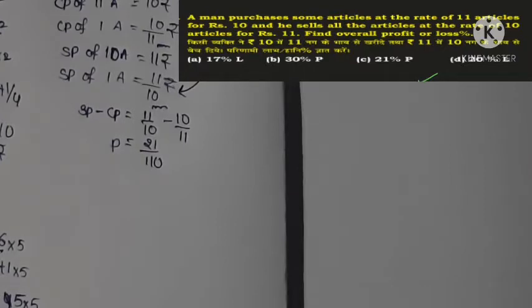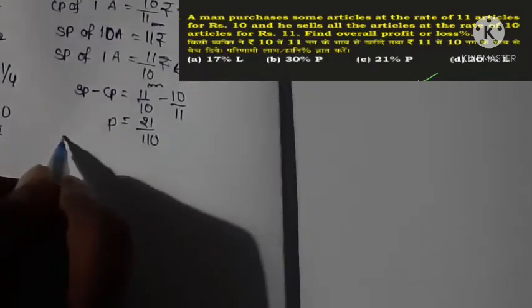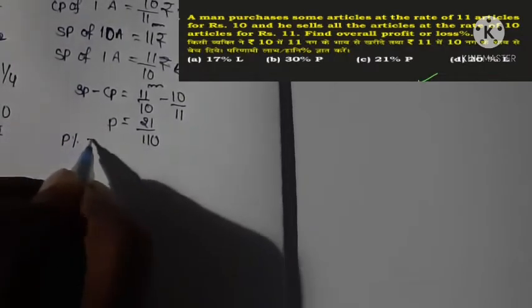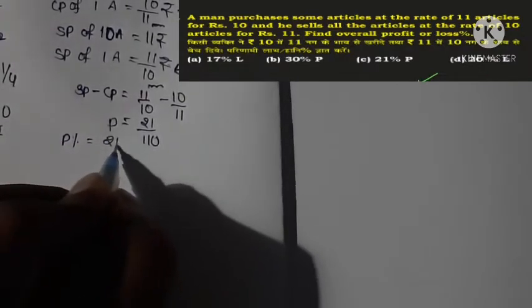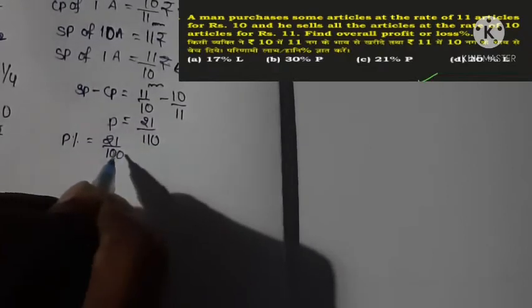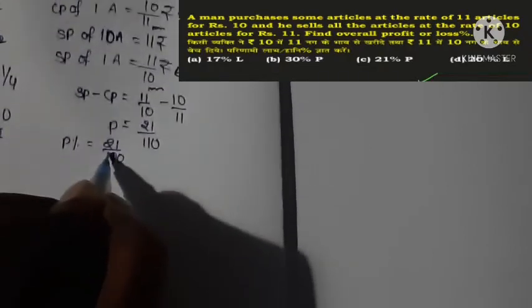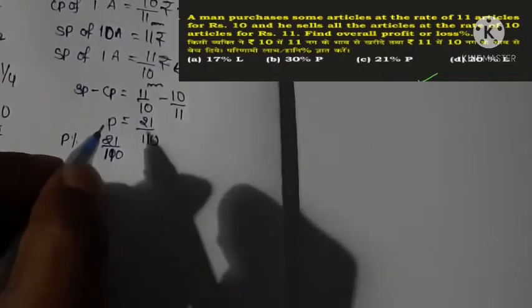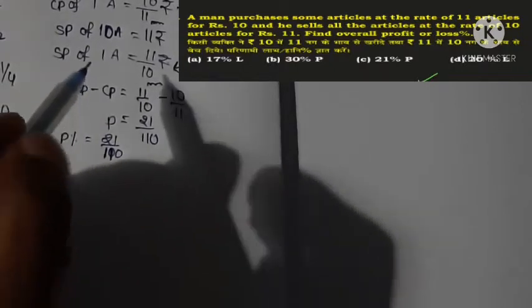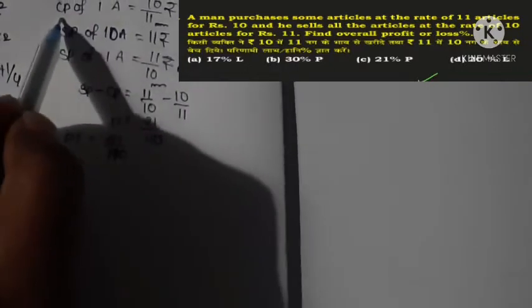So find the overall profit or loss percentage. Here the profit percentage is equal to profit, which is 21 by 110. The profit percentage is calculated on cost price.